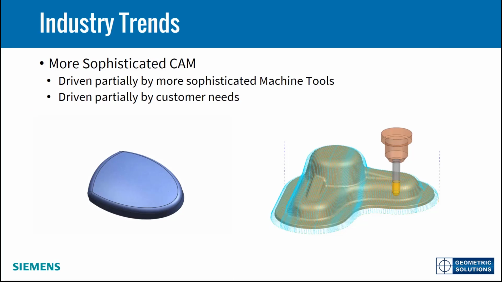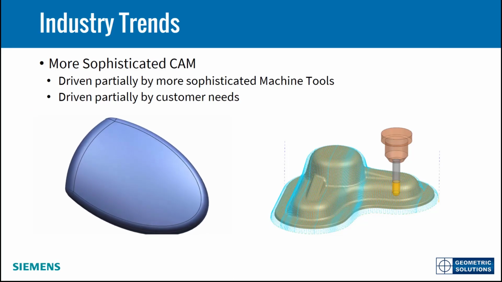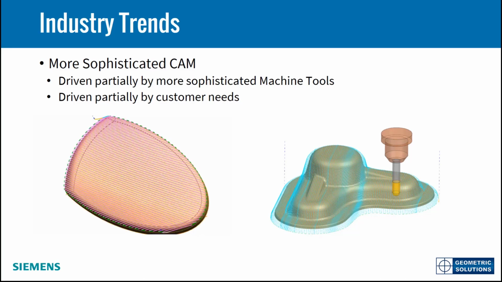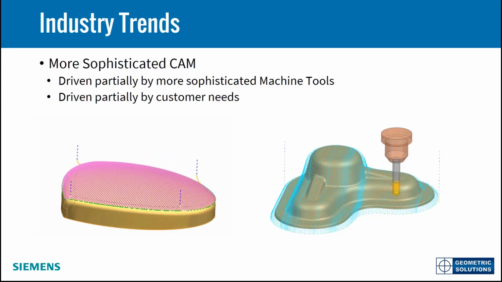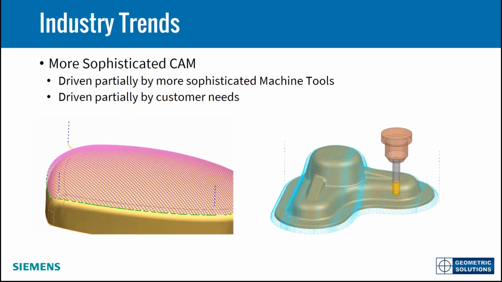Another trend that SimData pointed out was more sophisticated CAM. Now there's some reasons for this. Partially, you can have more sophisticated CAM because we have better technology. But more so, it's that our designs are becoming more complex. Now in this video, you can see that we're using a crisscross zigzag pattern.